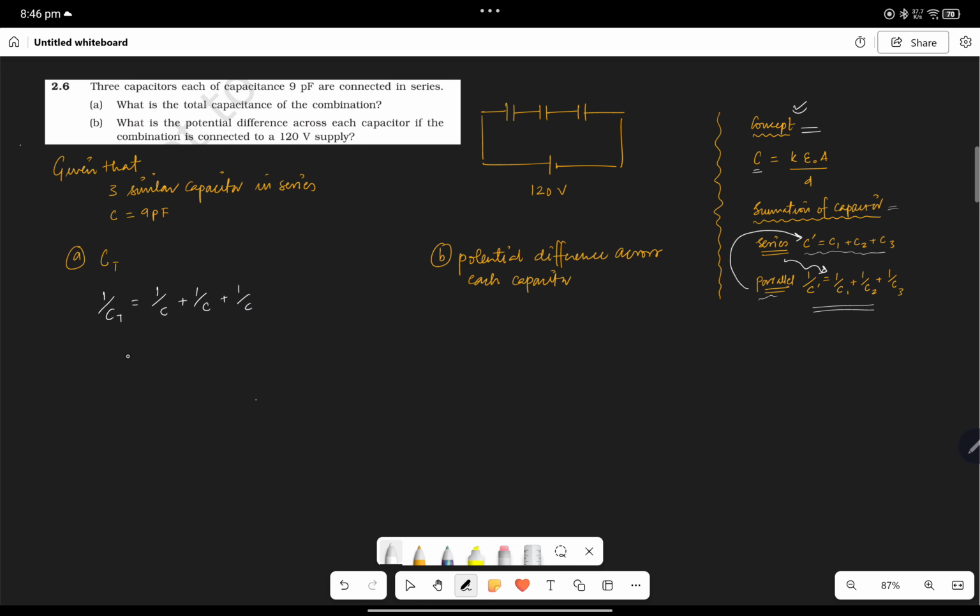And that is going to be 1 by C total is equal to 1 by 9 plus 1 by 9 plus 1 by 9, that is 3 by 9, and that is going to be 1 by 3, right?